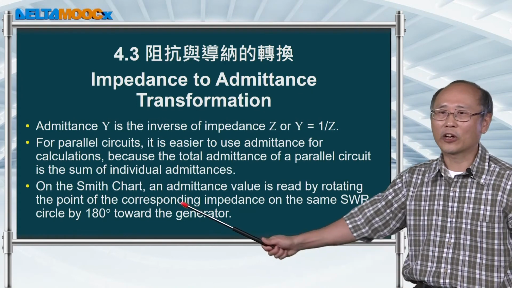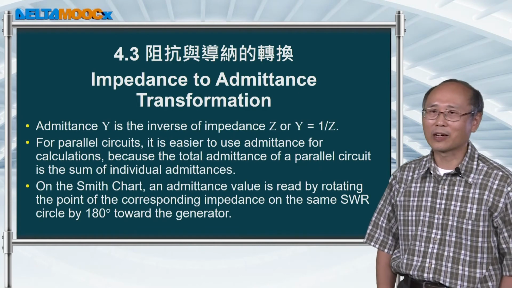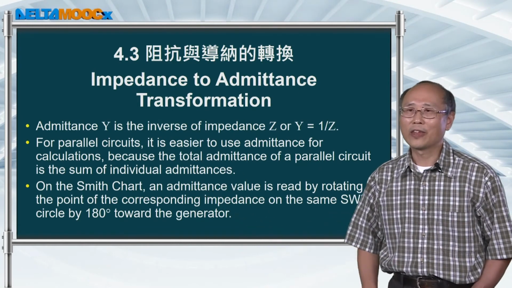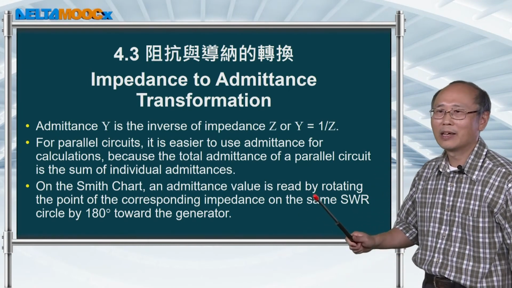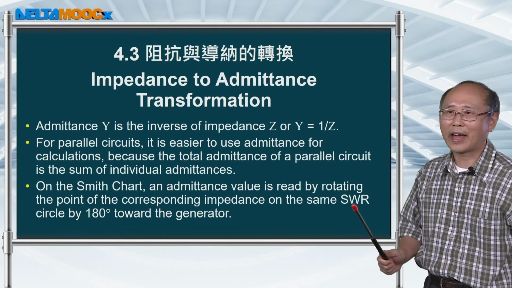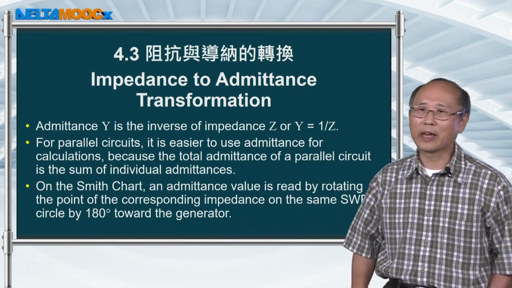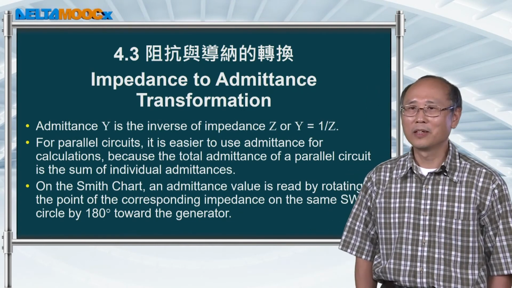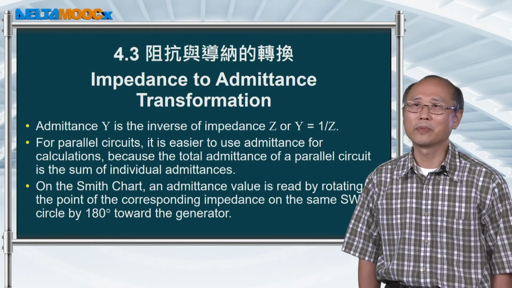And on the Smith chart, if you want to read the admittance of some impedance value, then you first find the location of the impedance, and then rotate the value on the SWR circle by 180 degrees. Then you'll be able to read the values of the admittance. So these are a few points you want to remember in this session.